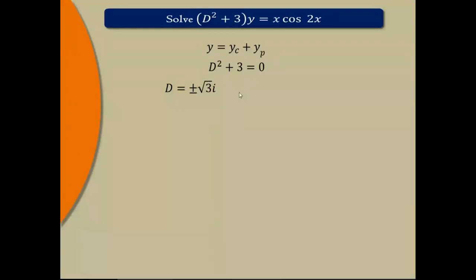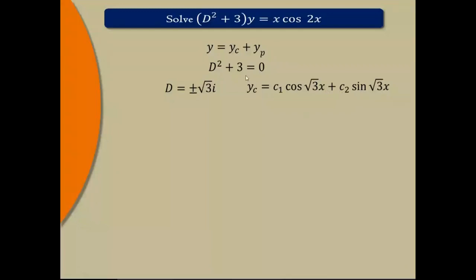So you use the standard formula for imaginary distinct roots. Take alpha as 0, so it is e raised to alpha x, that is e raised to 0x. E raised to 0 is 1, so that term gets cancelled; no need to write that. C1 into cos beta x, beta is root 3. It is C1 cos root 3x plus C2 sin root 3x.